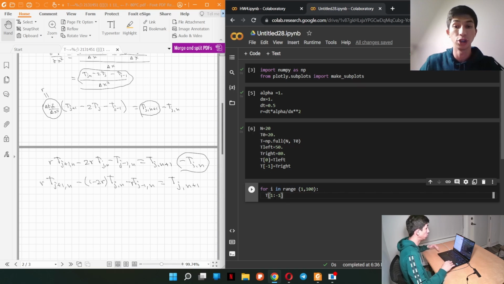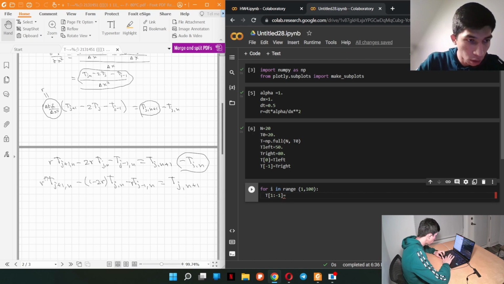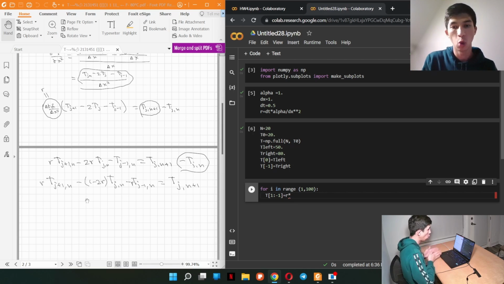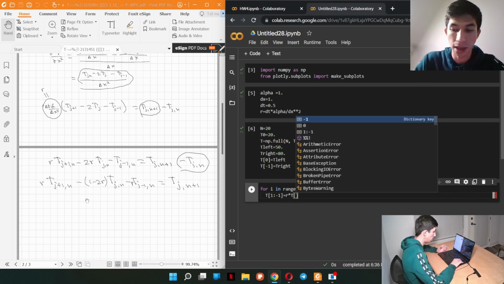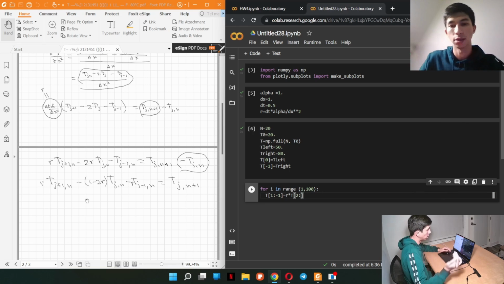So all the temperatures at the new step are going to be equal to R times Tj plus 1 at n. So j plus 1. So we're moving one step to the right? So our slicing is going to start now from 2 and go to the end.